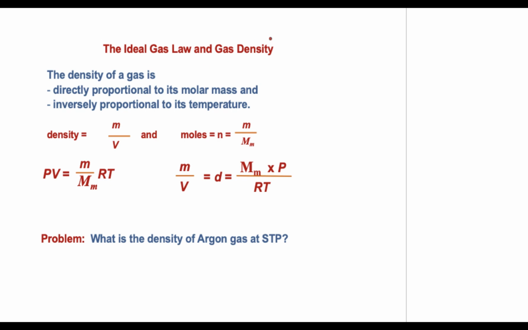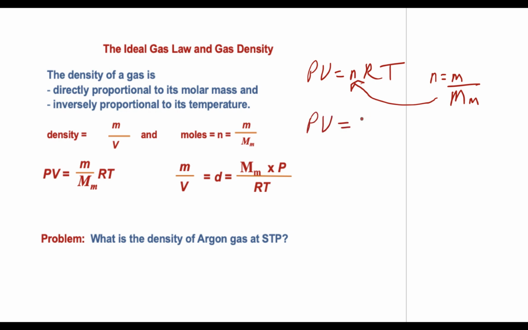Okay, so we have our ideal gas law, PV equals nRT, and n, the number of moles, is equal to the mass divided by the molar mass. So we're going to substitute this in for n. So pressure times volume is equal to the mass over the molar mass times RT.